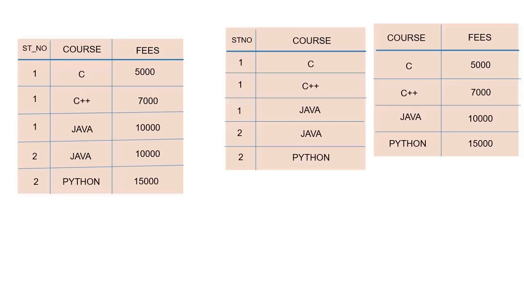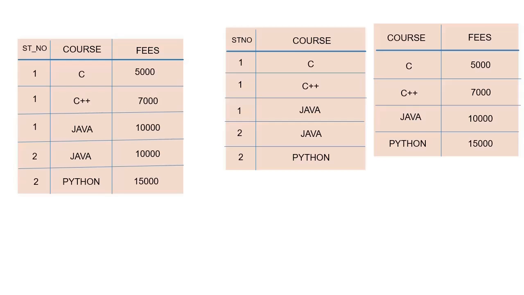First, let us see which attributes work as prime key attributes here. The fees is dependent on student number and course. Overall, student number and course combined determine the fees, so student number and course act as a composite key.